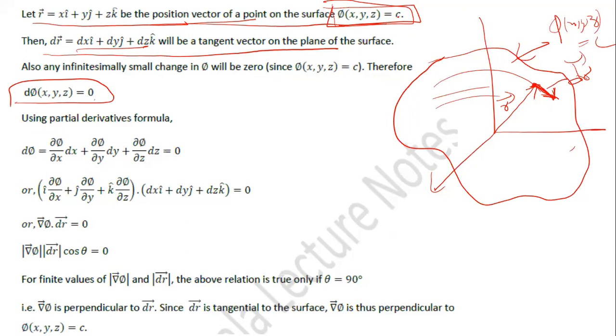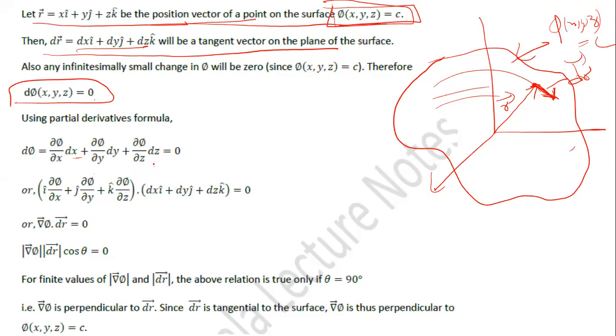Now, using partial derivative law that we did explain before, if phi has a dependency on more than one variable, we can write it like del phi upon del x into increment on x, del phi upon del y, how quickly phi changes with y, multiplied with increment on y, and similarly this.